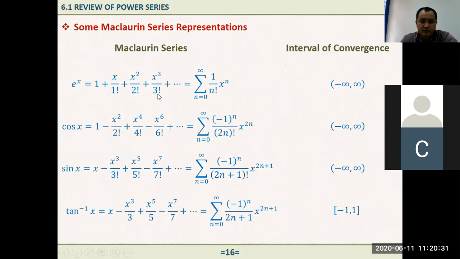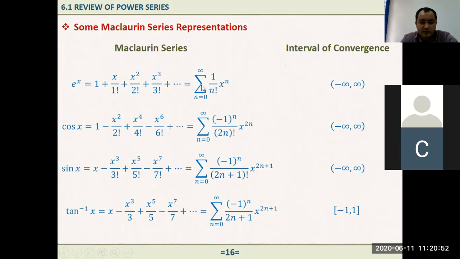How are we obtaining this? 1 plus x over 1 factorial plus x squared over 2 factorial and so on. In compact notation, using sigma notation, we can express it this way. And what is the interval of convergence?